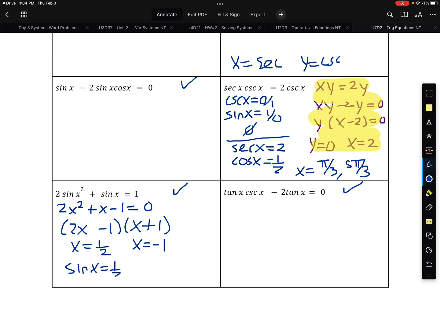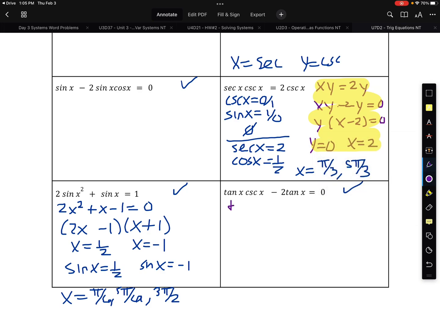Sine x equals 1/2, sine x equals -1. So what does x actually equal? All right, so we're talking sine y value of a half. We got 30 degrees, which is pi over 6. We got second quadrant, 5 pi over 6. And if we're talking about -1, y is -1, 270, 3 pi over 2.